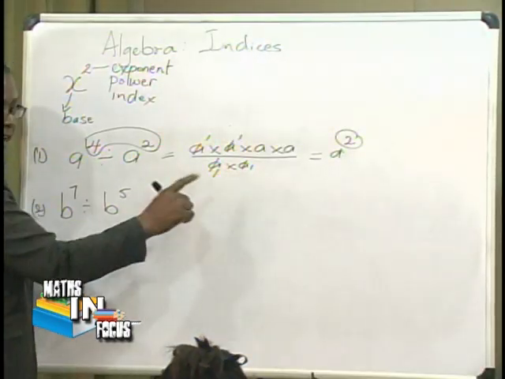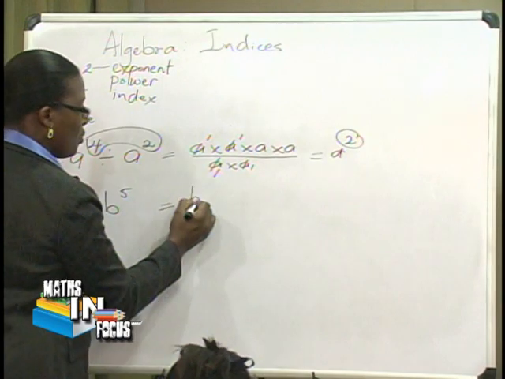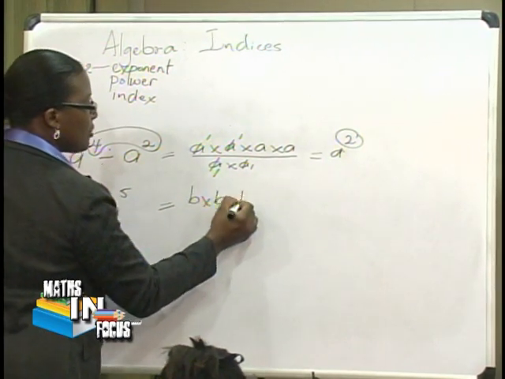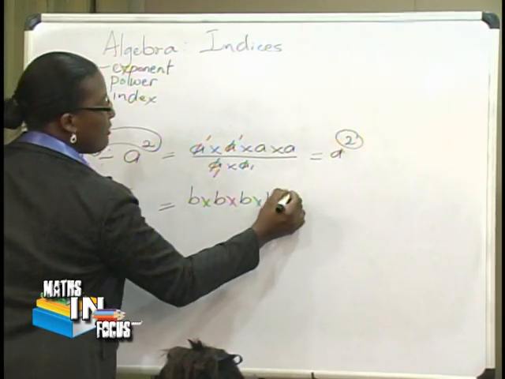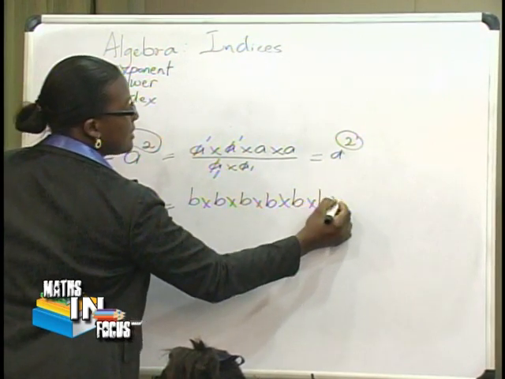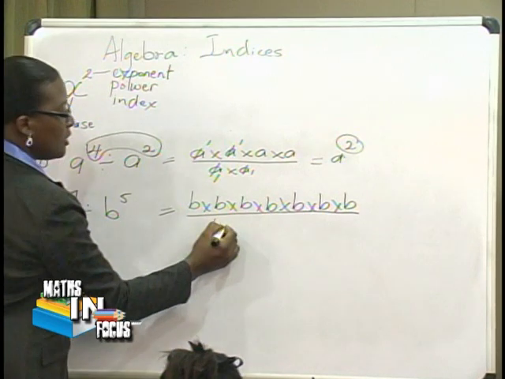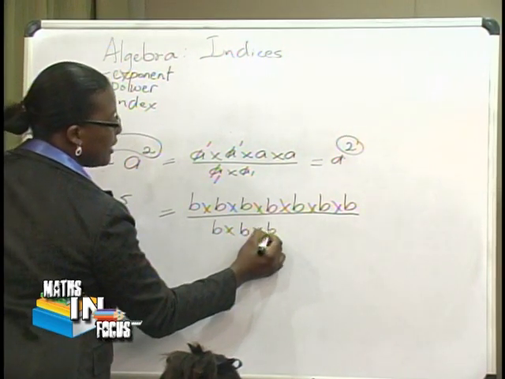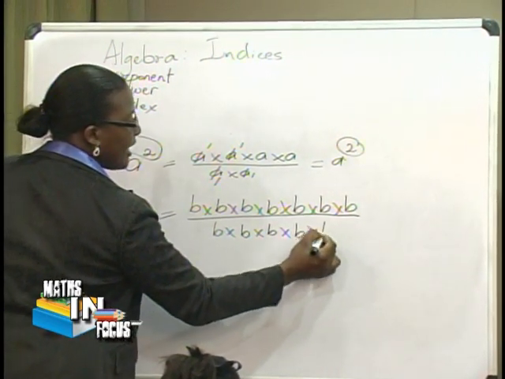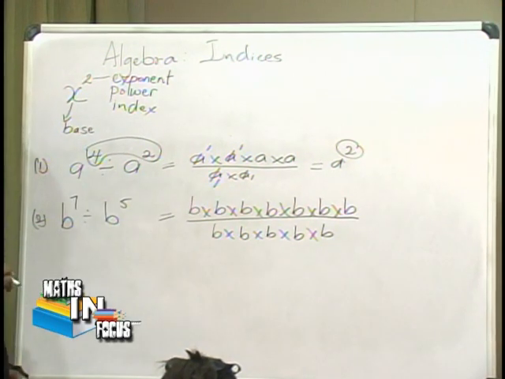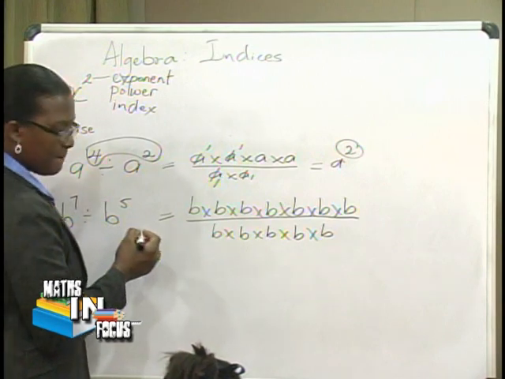Yes, Alia. You expanded how many b's you had on top? 7. 1, 2, 3, 4, 5, 6, 7. At the bottom you had 5. 1, 2, 3, 4, 5. What did you do after that? Just divide, and then you will end up with b squared.